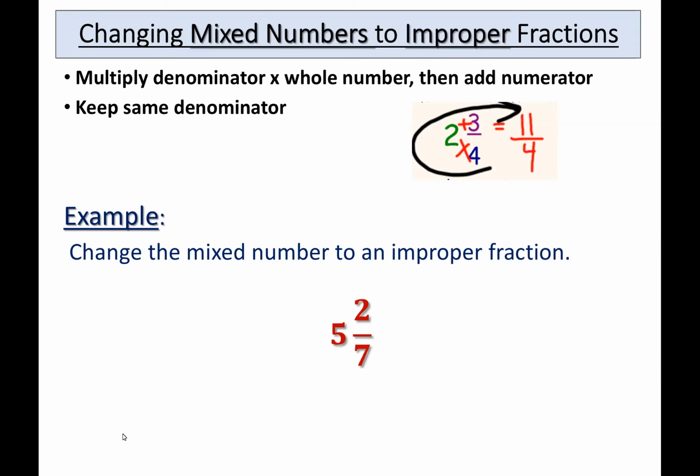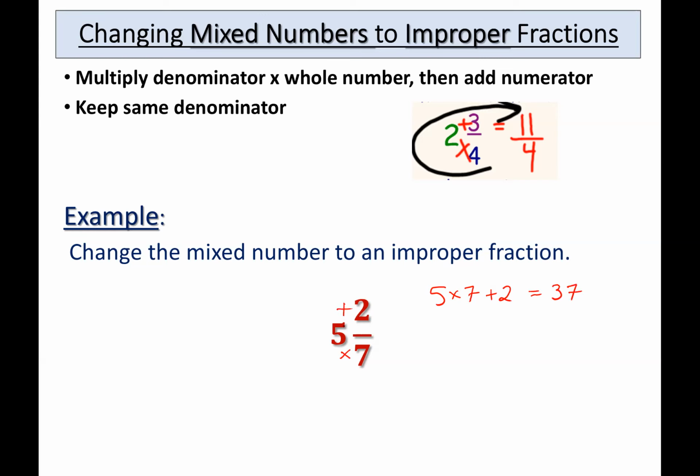Okay, let's take a look at one more example here. Change the mixed number to an improper fraction. Our example is 5 2/7. What we're going to do is multiply 5 times 7, which is 35. And then we'll add that numerator of 2, and that will be 37 for our numerator.